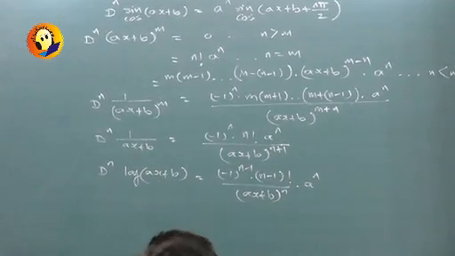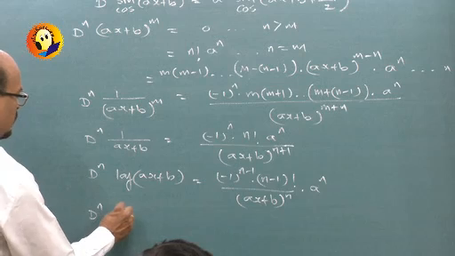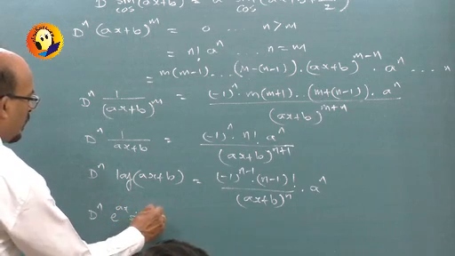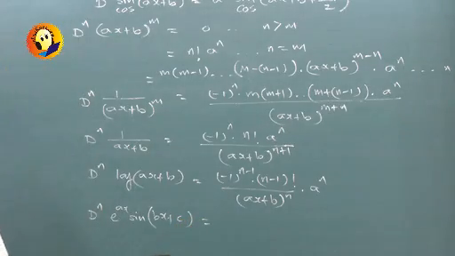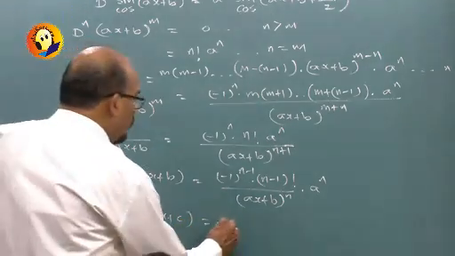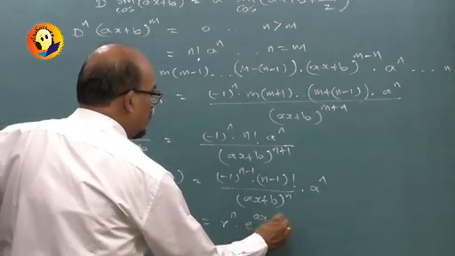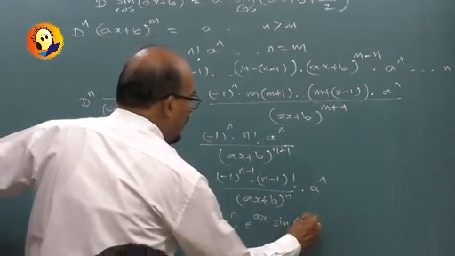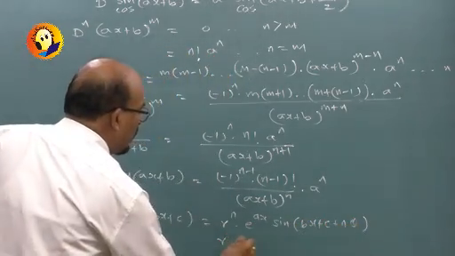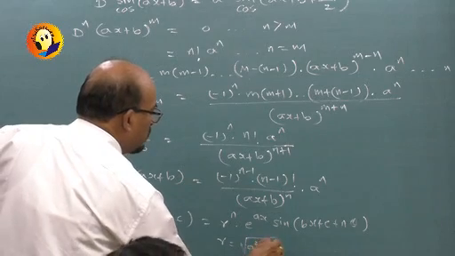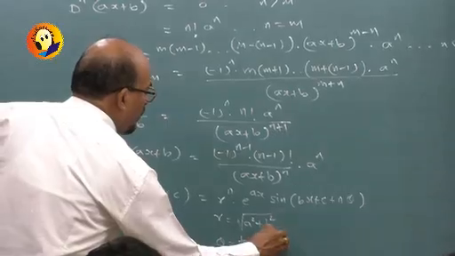And then we have nth derivative of e raised to ax into sine of (bx plus c). That was r raised to n e raised to ax sine of (bx plus c plus n theta), where r is equal to under root of (a square plus b square) and theta equal to tan inverse of b by a.